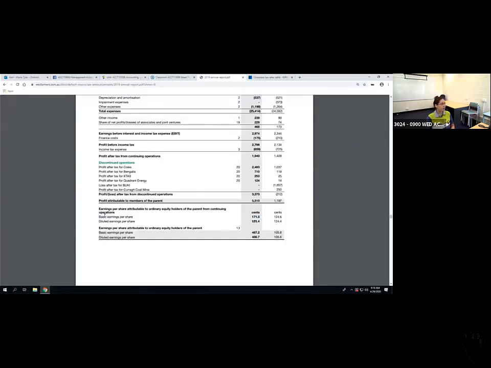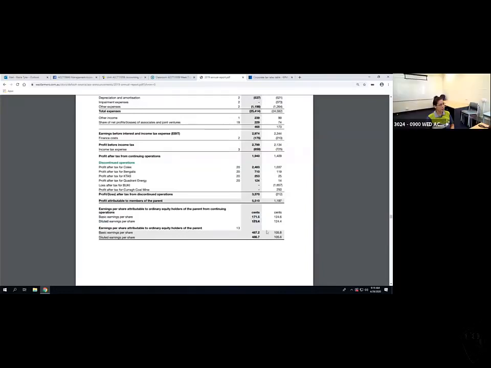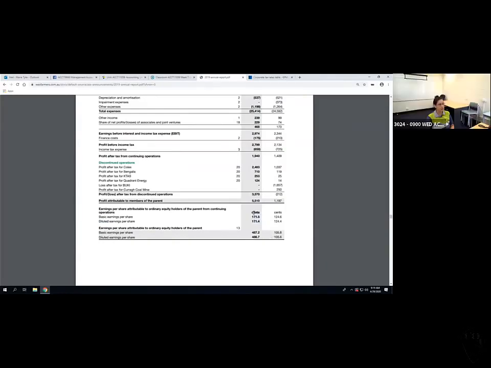Your diluted earnings per share will always be less than your basic because you are dividing the profit over a larger number of shareholders. So mathematically you are diluting that profit per shareholder. In Wesfarmers' case, it doesn't make too much of a difference per share. And they always tend to express it in cents. Some companies do express it in dollars.